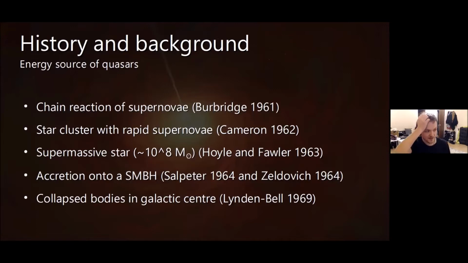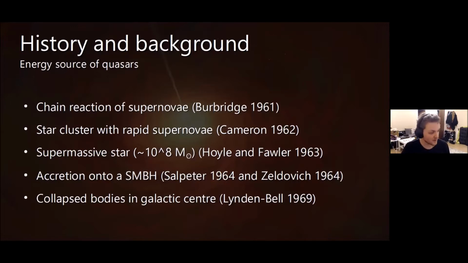But then Salpeter and Zeldovich in 1964 suggested, what if you have a black hole and you have accretion onto this supermassive black hole, and we're talking millions of times solar masses, that could explain it.